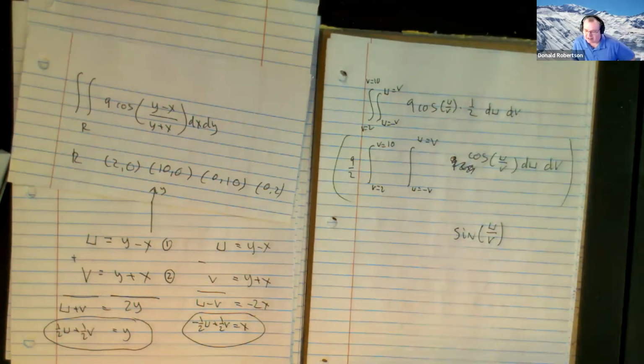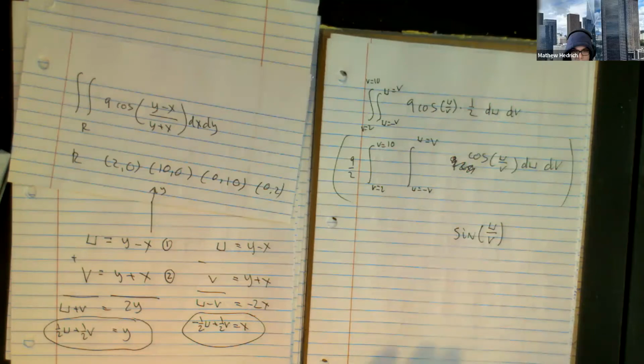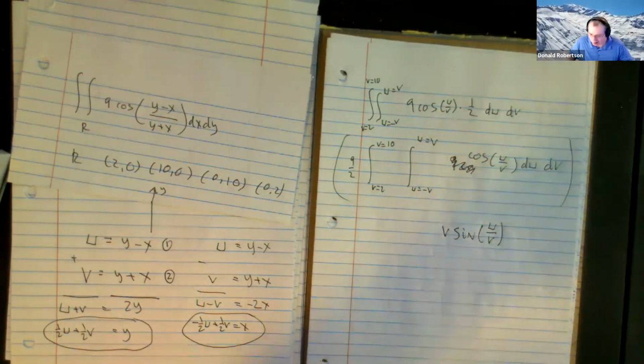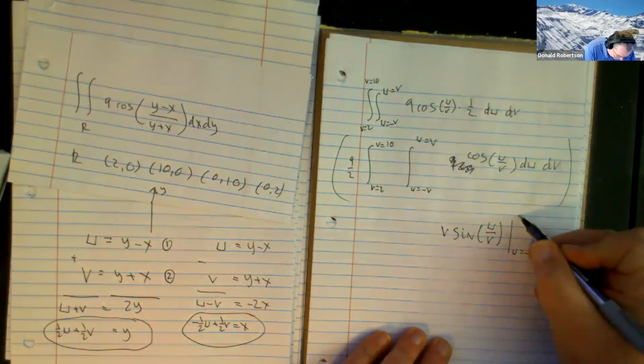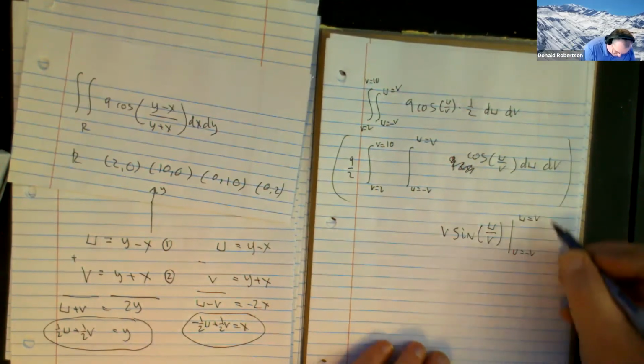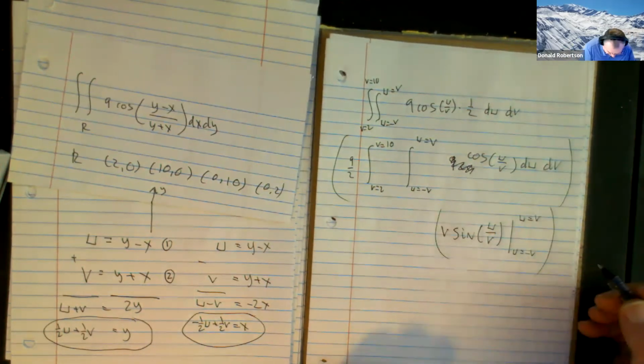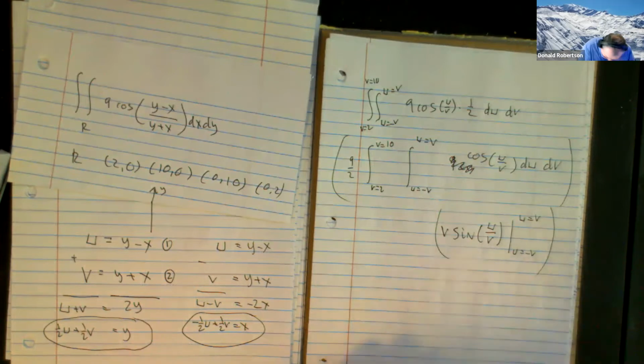What else do you get? You get v. Yeah, you get 1 over v, which is v. And then you evaluate it at u equals negative v and at u equals v, which is not pretty.